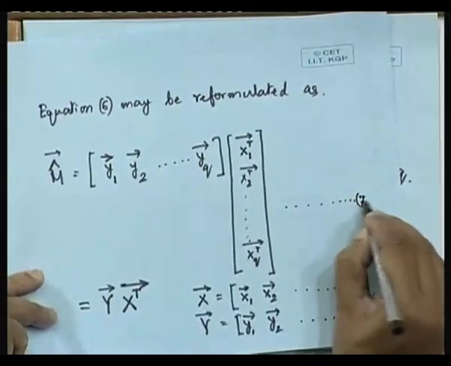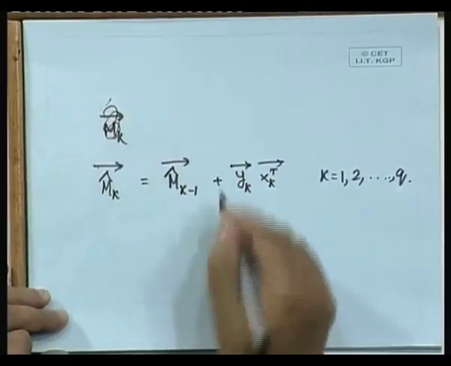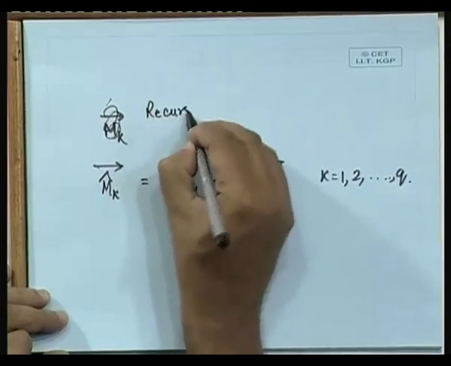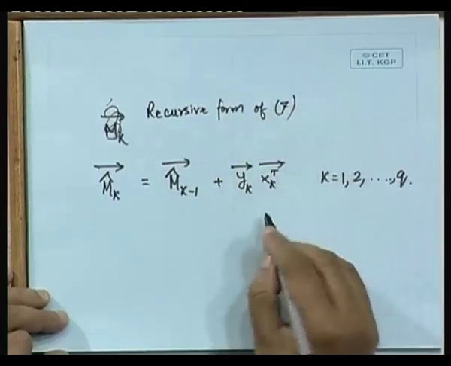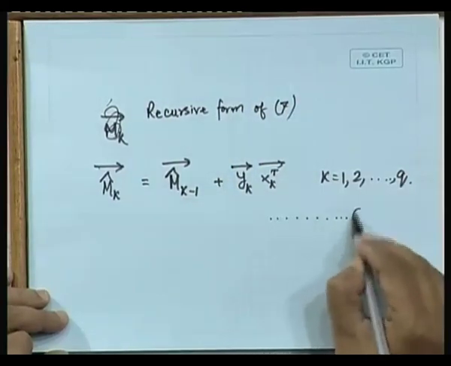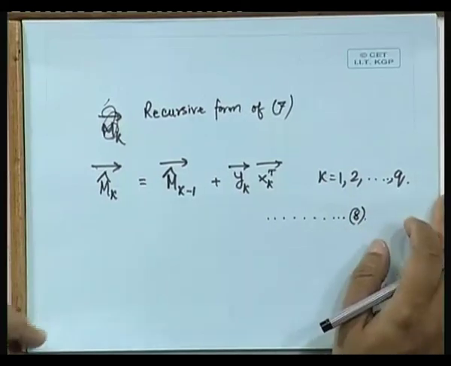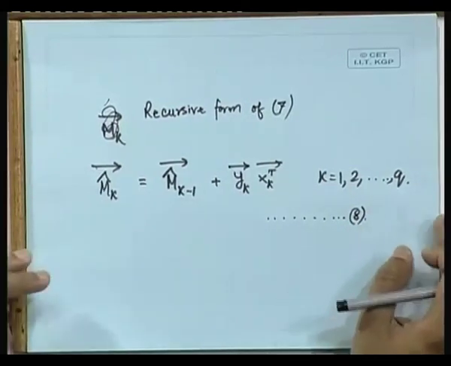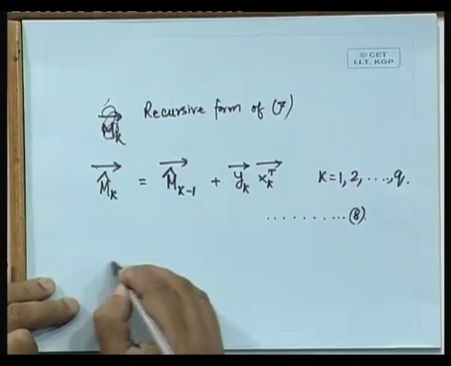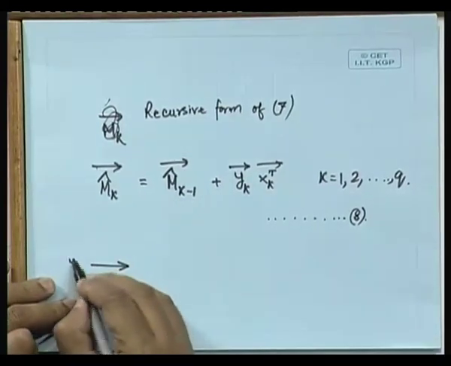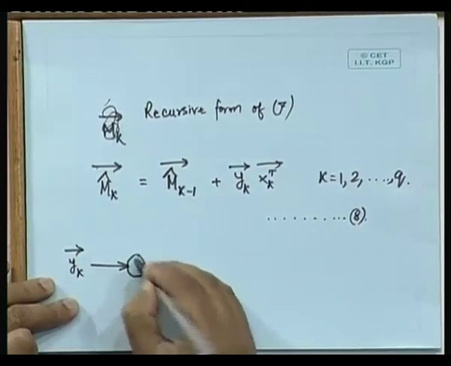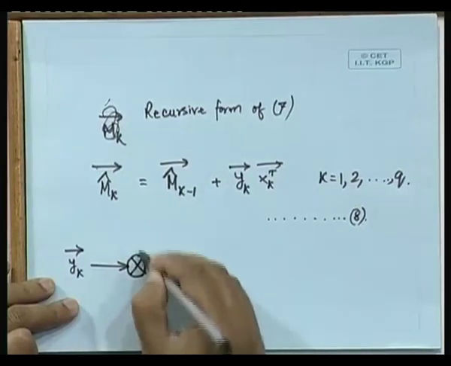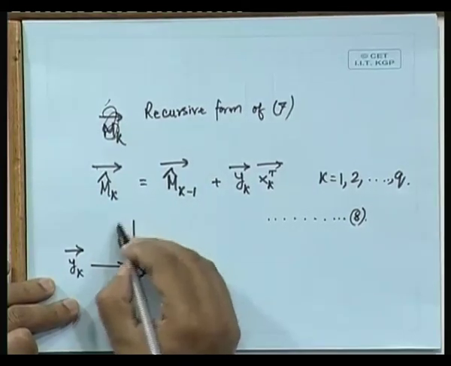So, if I take it to be equation 7, this is nothing but the recursive form of 7. We can call it the recursive relation, equation number 8, and depict it pictorially as follows: we can feed as an input to this system the yk vector coming from here, and from the other input we are getting the xk.